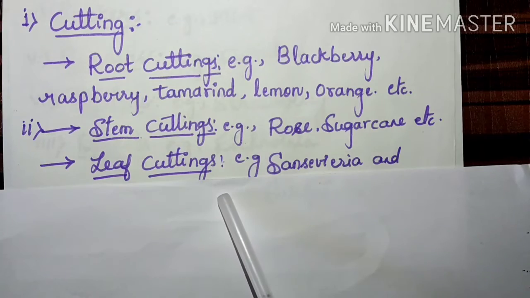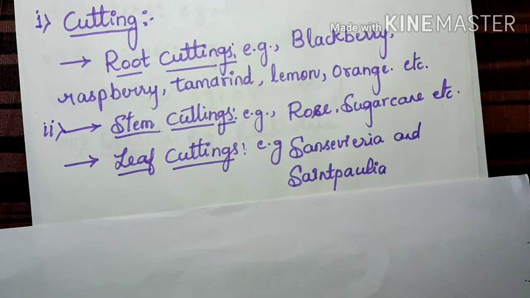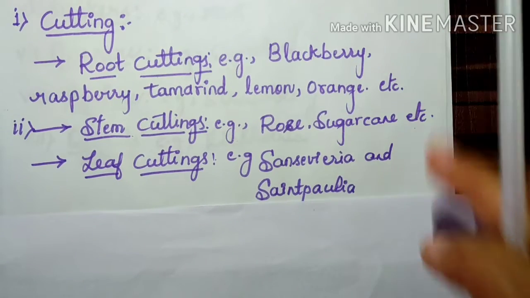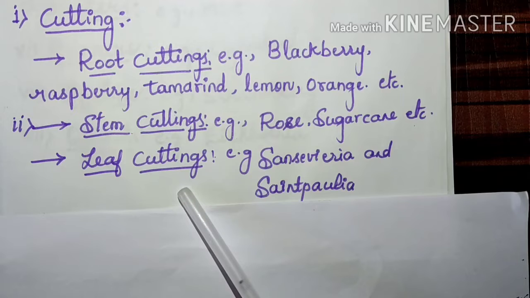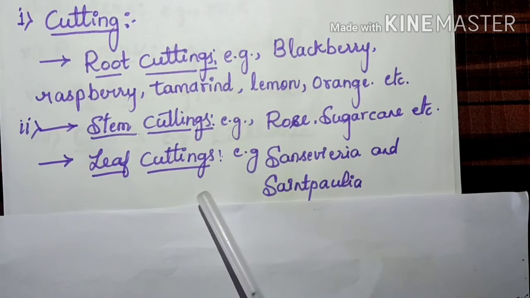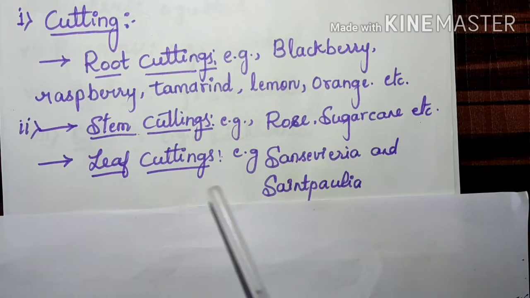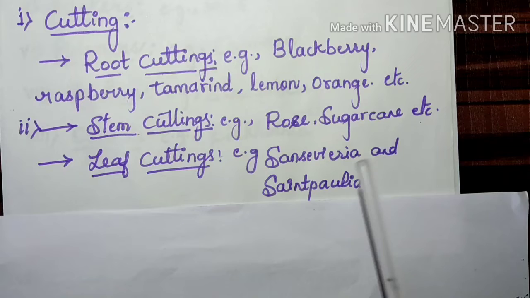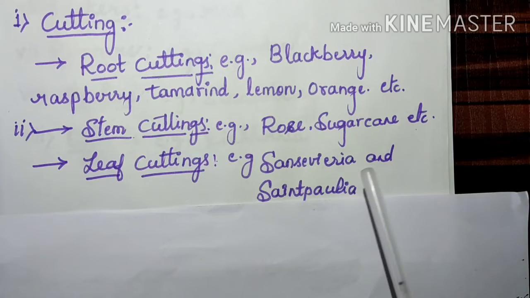The third is leaf cutting. Here, leaves are cut transversely into 2 to 3 parts and planted in a vertical position in the soil. Leaf cuttings are used in the propagation of Sansevieria and Saintpaulia.